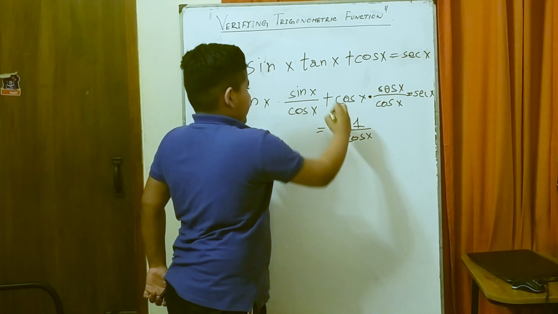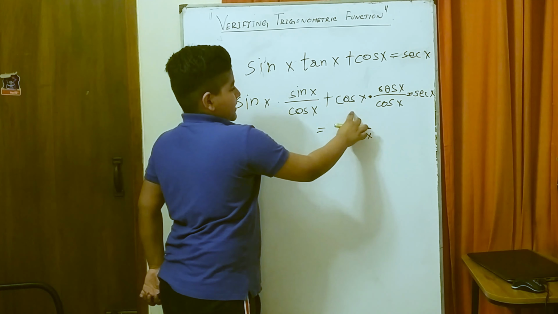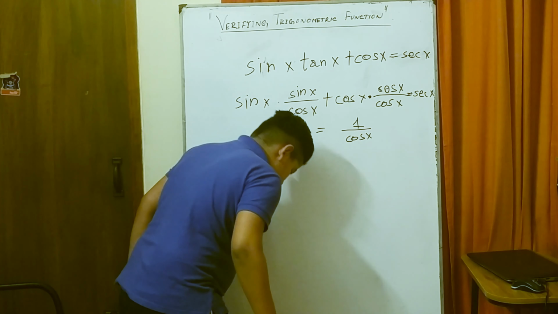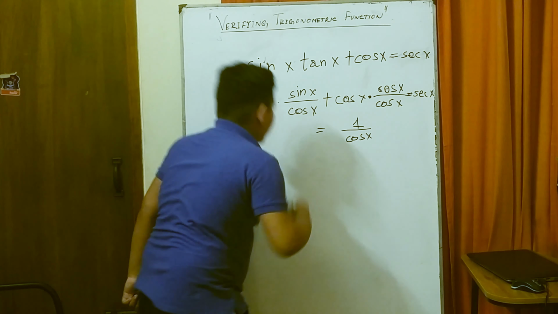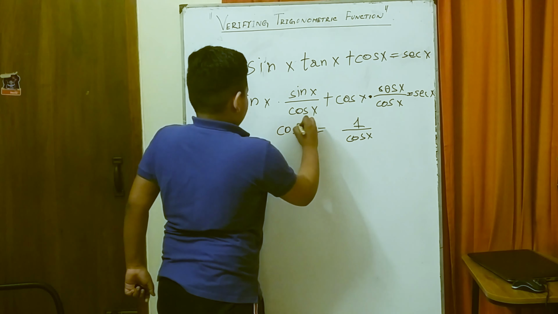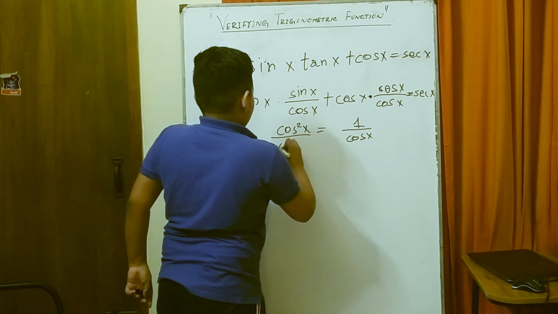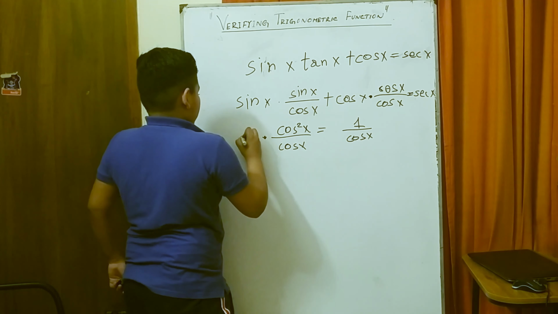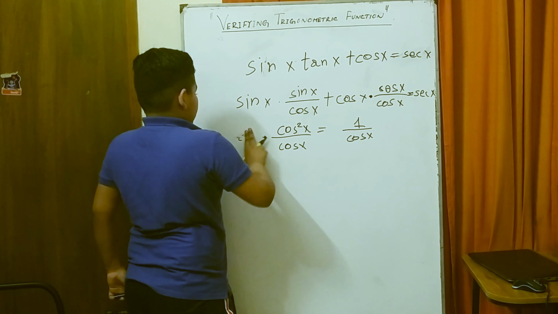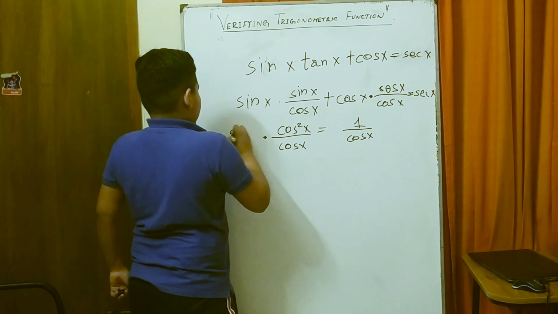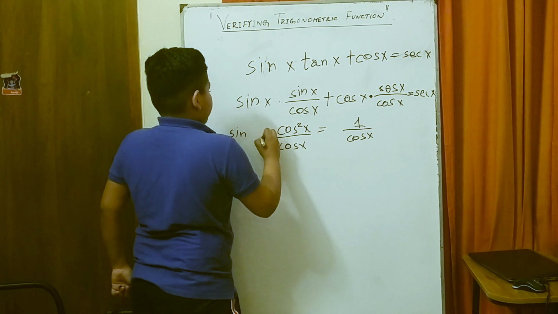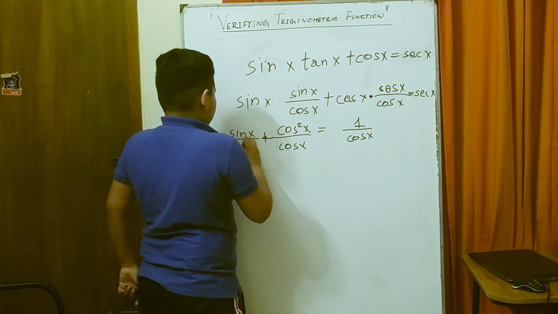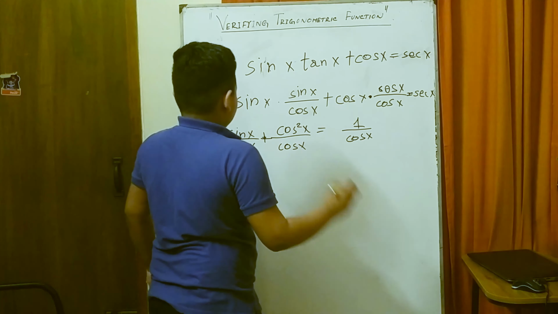And here we can get rid of this cosine. So there will be cosine squared of x over cosine of x. Here, instead of the cosine, there would be the sine of x over the cosine of x.